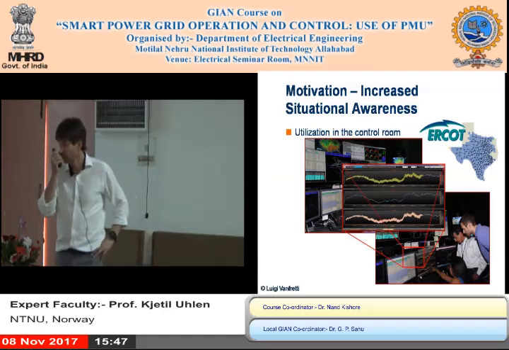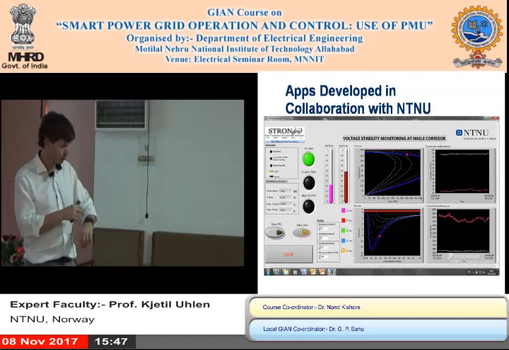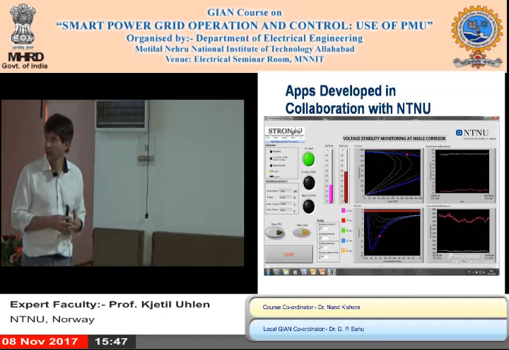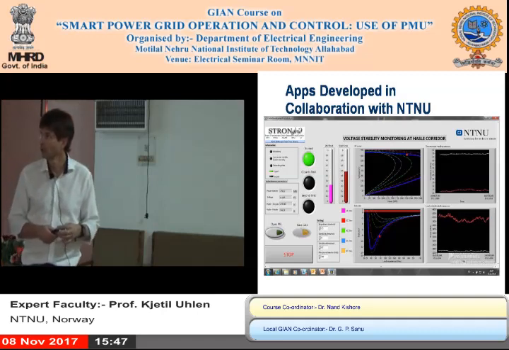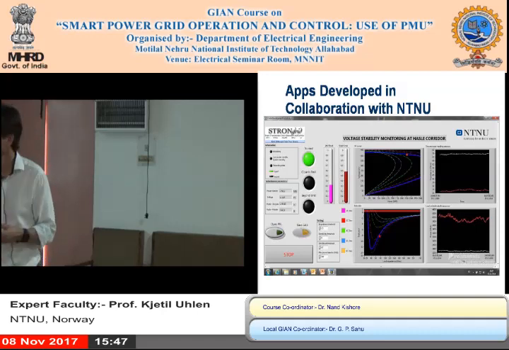So let's talk about some applications in short, and then we will come back to more details on those later on. One of the first applications that we developed and implemented at my university by one of my PhD students was an application related to voltage stability monitoring.